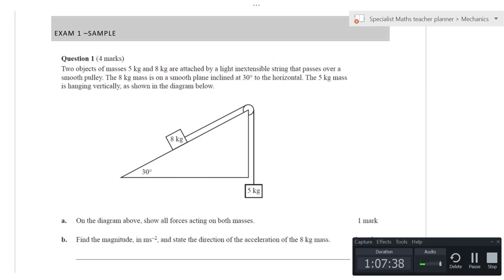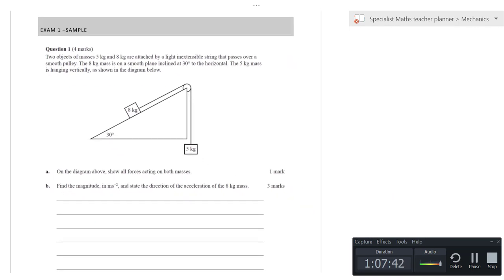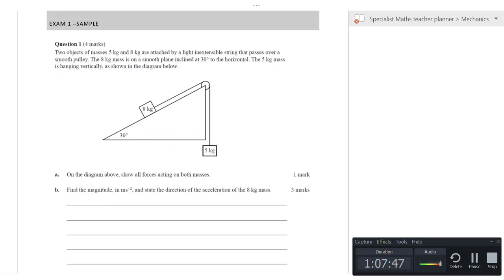Or in actual fact, I'm going to pause it, okay? And I want you to have a go at this one right now, okay? See if you get the right answer, because I'm going to go through it once you give it a go. Now, let's time yourself, get a timer, and I'll see how quickly you can do it.